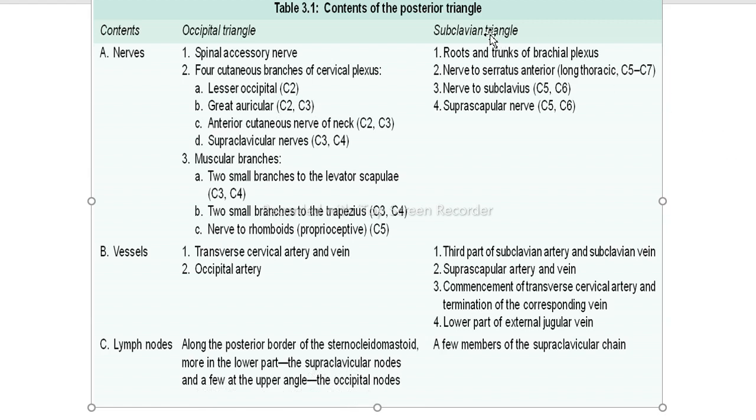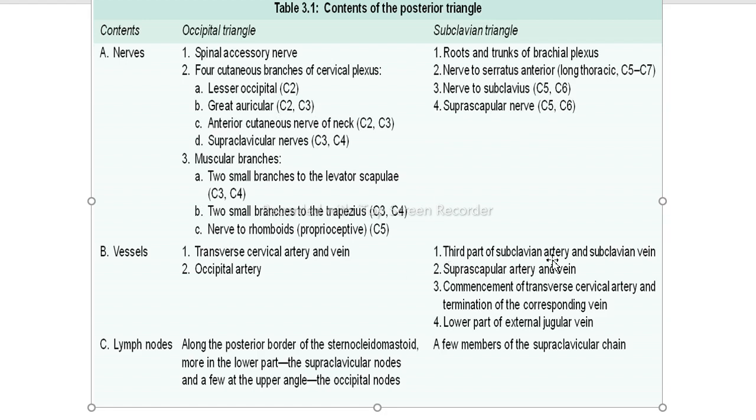Now in the lower part of the triangle, what is the content? That is the roots and trunks of the brachial plexus, the nerve to the serratus anterior, the nerve to the subclavius and the suprascapular nerve.